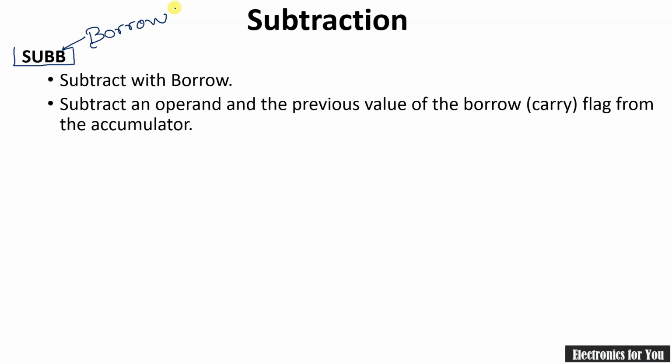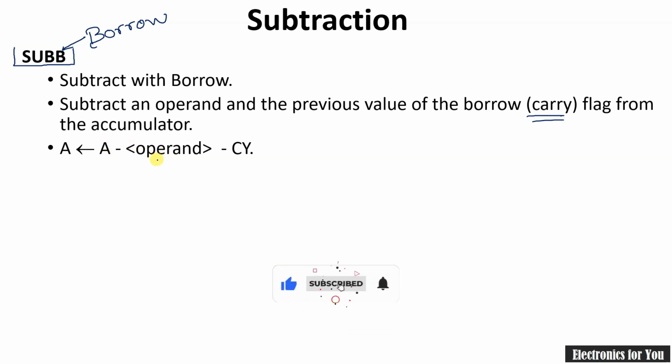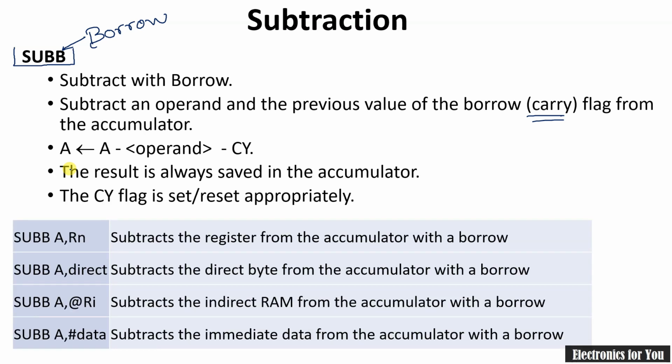Here borrow is nothing but the carry flag. So A minus operand minus carry flag, and the result is stored into the accumulator, and the carry flag may be set or reset accordingly.